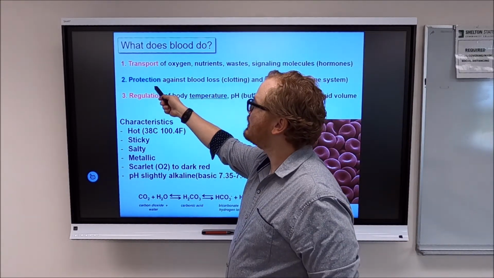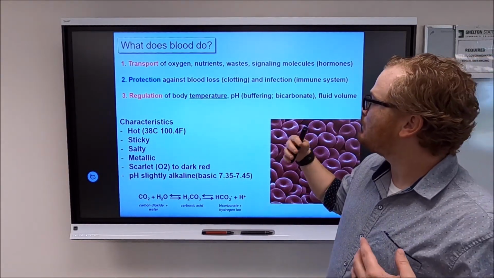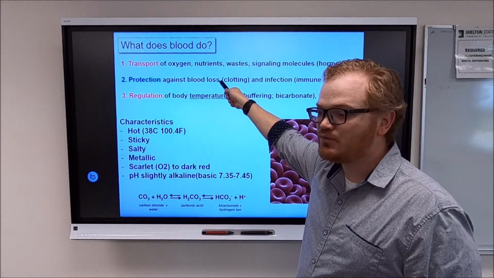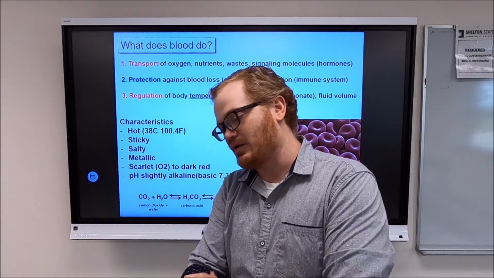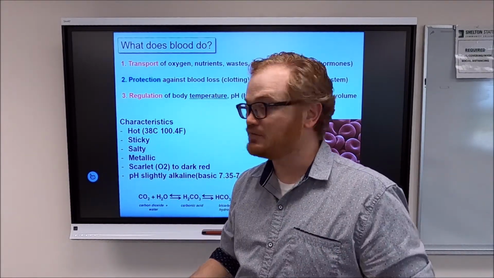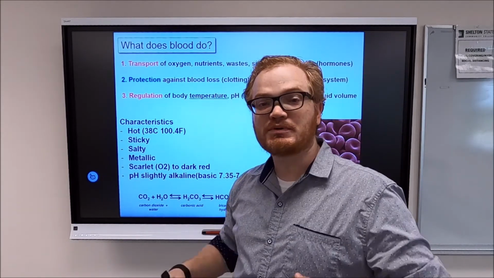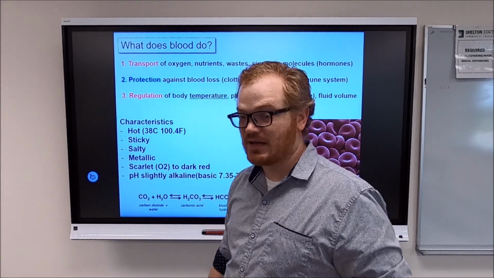Two, our blood is very important for protection. Inside our system, we have the capacity to deal with damage. If you are in a car wreck or just generally get a cut or fall down and get a bruise, you will have damage to your cells. And our blood has inbuilt mechanisms for clotting. They're protective measures to allow you to prevent blood loss in the event of damage.